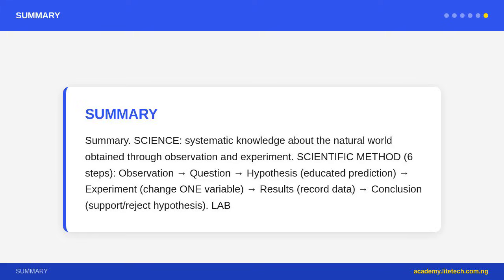Lab equipment: beaker, test tube, Bunsen burner, microscope, thermometer, measuring cylinder. Safety: no eating or drinking, lab coat and goggles, report accidents, waft smells. Variables: independent, changed; dependent, measured; controlled, kept constant. Fair test equals 1 variable changed at a time.